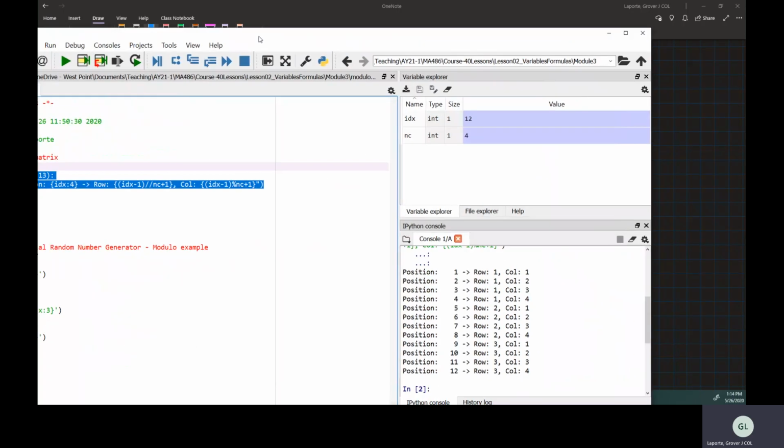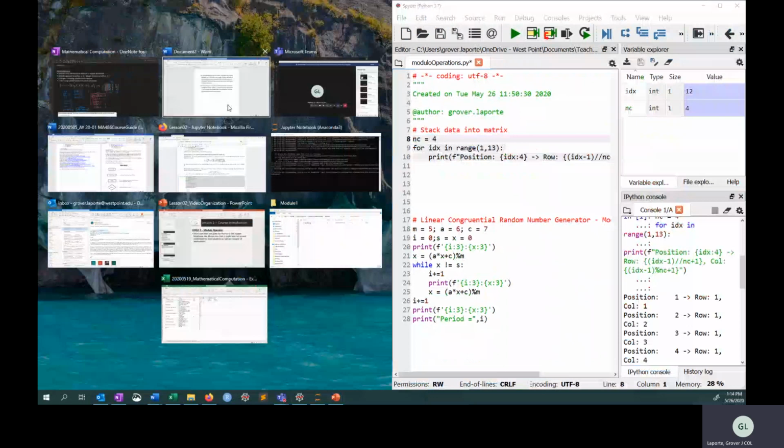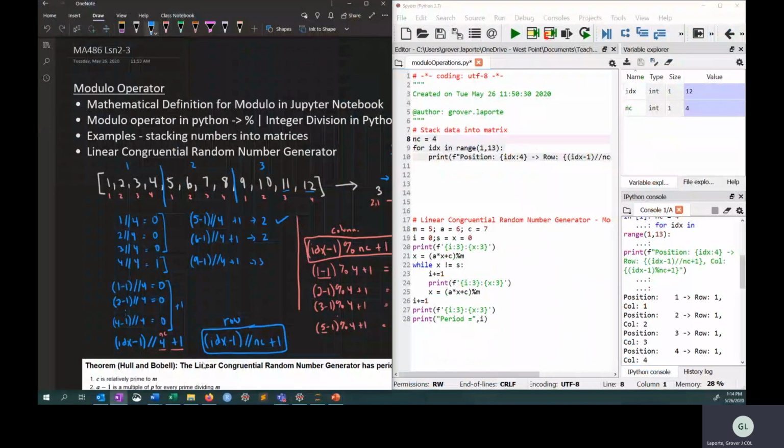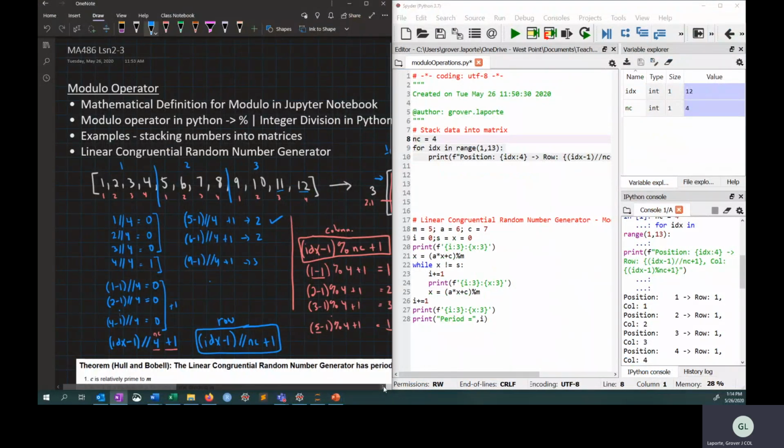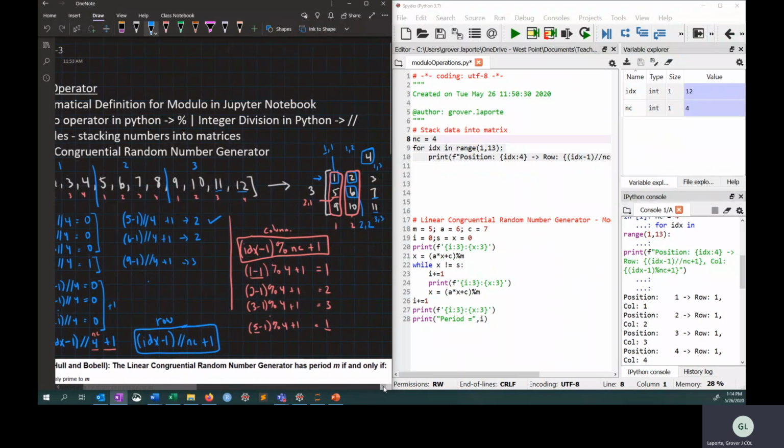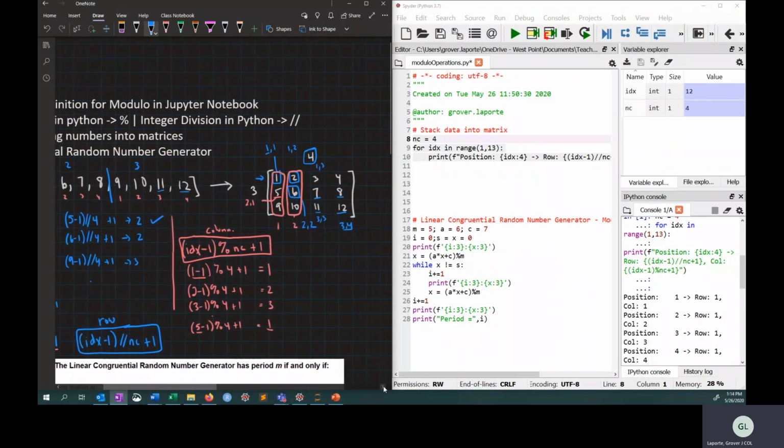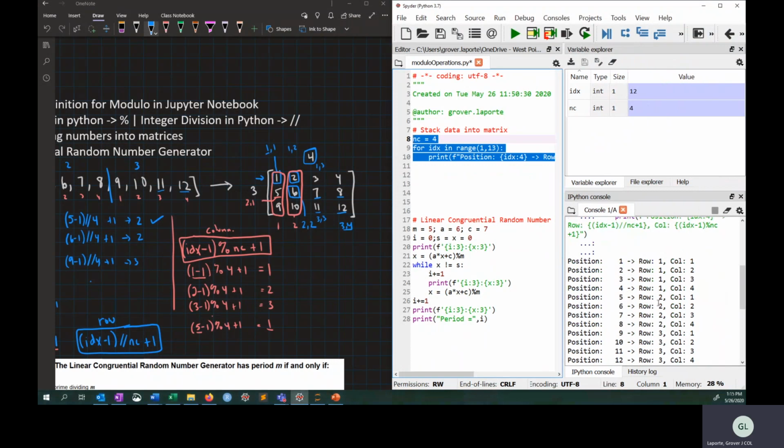Let me grab this, put it to the side, and there it is. Okay. 5 was 2, 1. 6 was 2, 2. 7 was 2, 3. 8 was 2, 4.